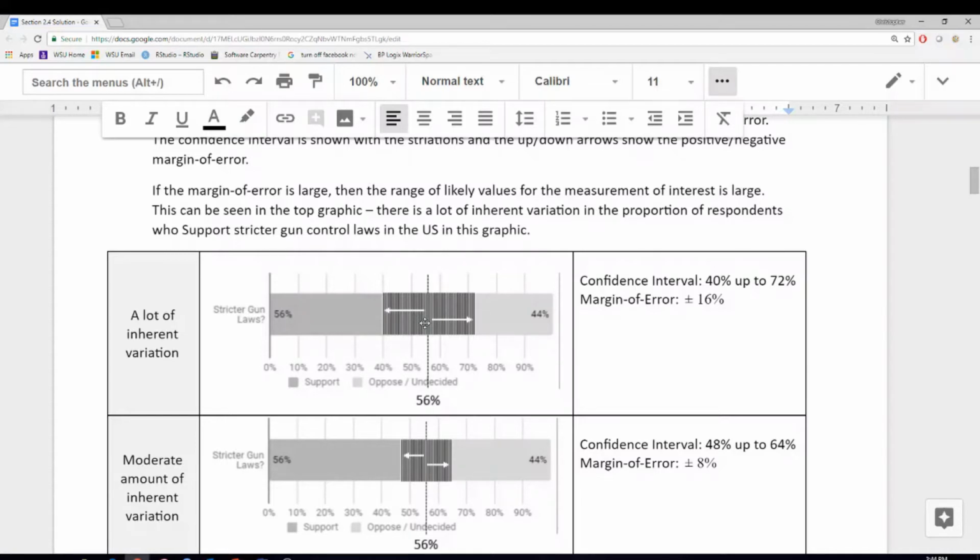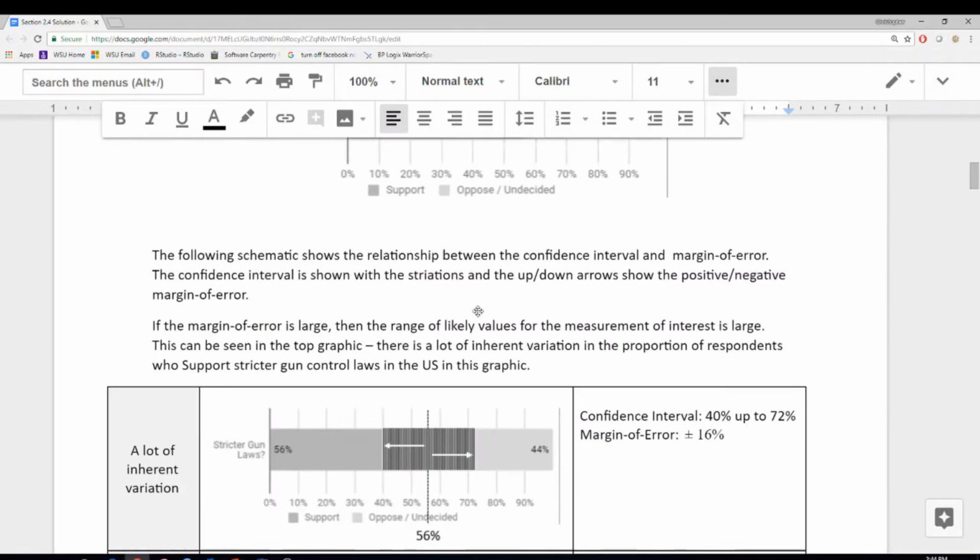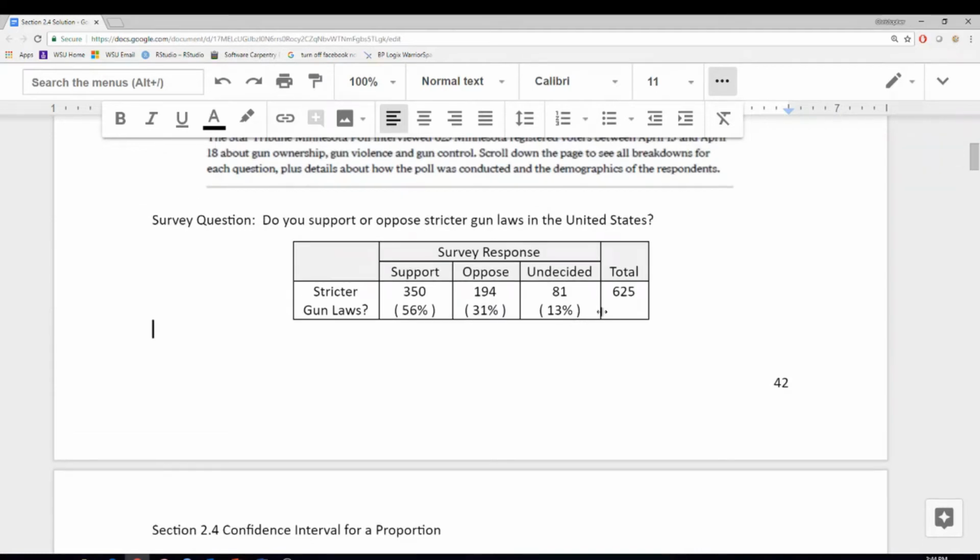What I mean is that if this poll surveyed another 625 people, these numbers are going to change a little bit. So if we consider those that support, maybe next time it's not going to be 56%, but it might be 54%, or it might be 52%, or it might be 57%. There's certainly going to be some variation in this 56% over repeated sampling.